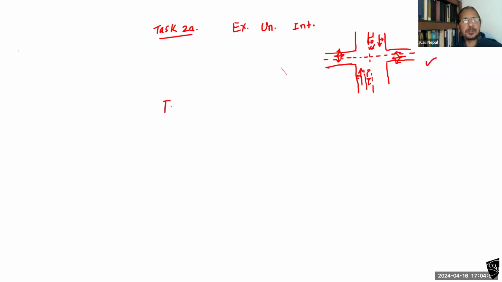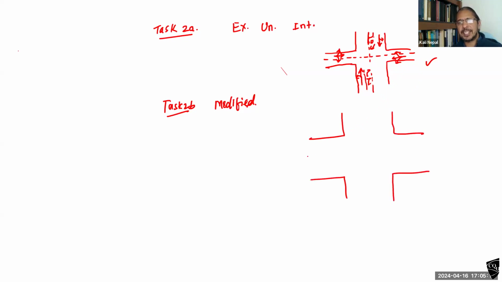Task 2B is modified based on the information we have. We also add one right turning lane on the east and the west. There is already a separate short right turning lane from the south, that's the existing case.